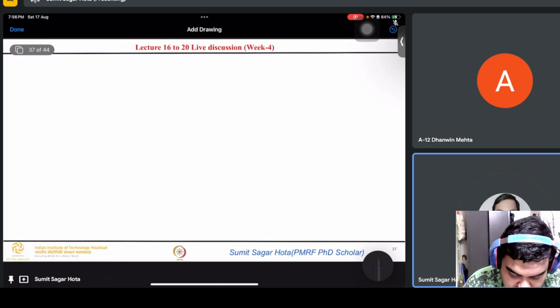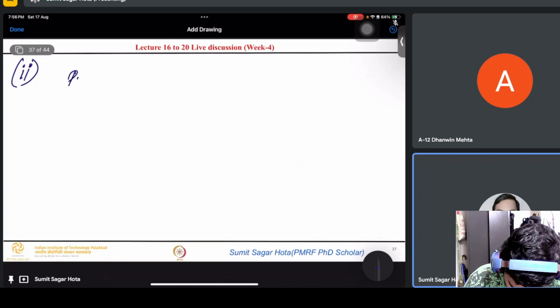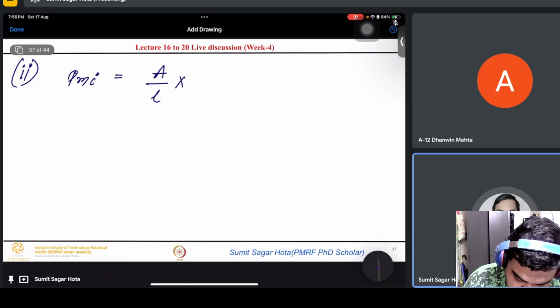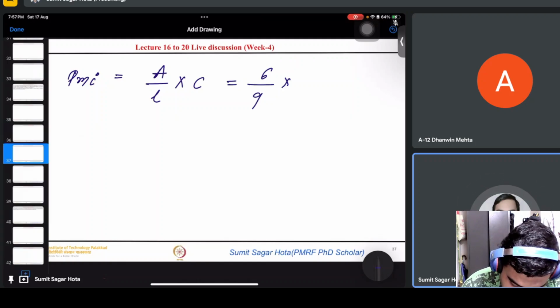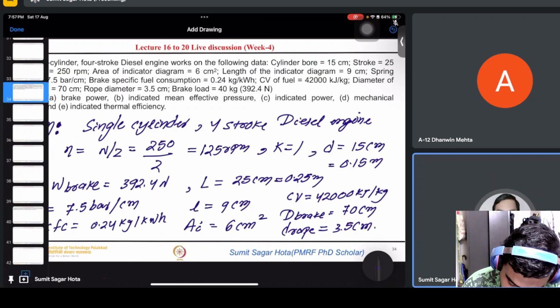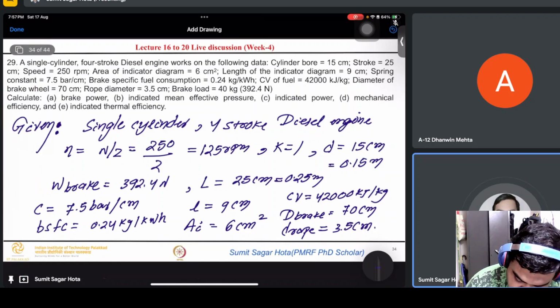Next will be your indicated mean effective pressure, A by L into C. It's all there in centimeter, centimeter square and centimeter, so these get cancelled. The unit of C is 7.5 bar per centimeter.